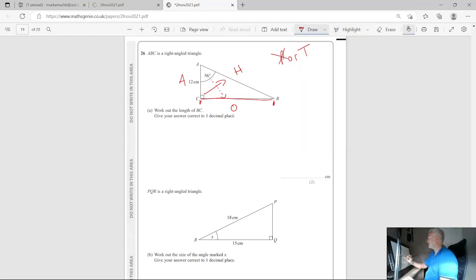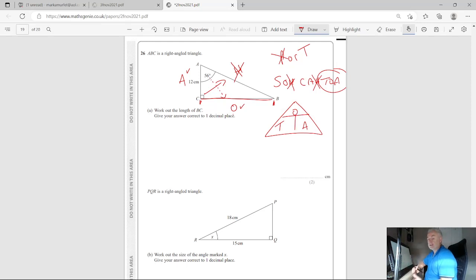So I want to find the opposite. So TOA. I know the adjacent. I want to find the opposite. I'm not interested in the hypotenuse. Don't want the hypotenuse. So straight away, I'm led to it's going to be TOA. Draw my triangle: tangent, opposite, adjacent, same as my speed distance time.